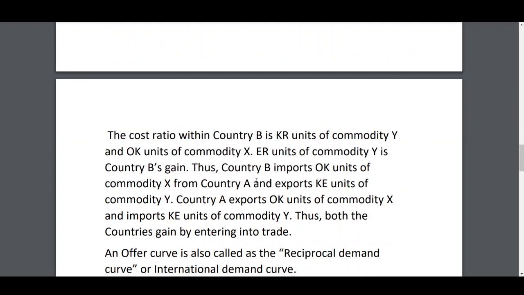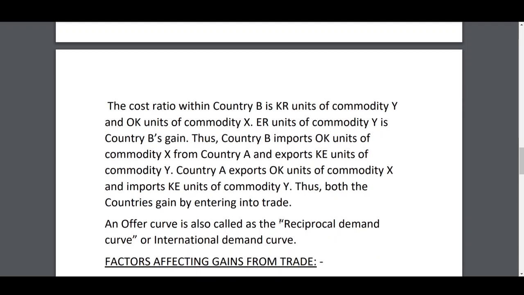Thus, country B imports OK units of commodity X from country A and exports KE units of commodity Y. Country A exports OK units of commodity X and imports KE units of commodity Y, and thus both the countries gain by entering into trade.